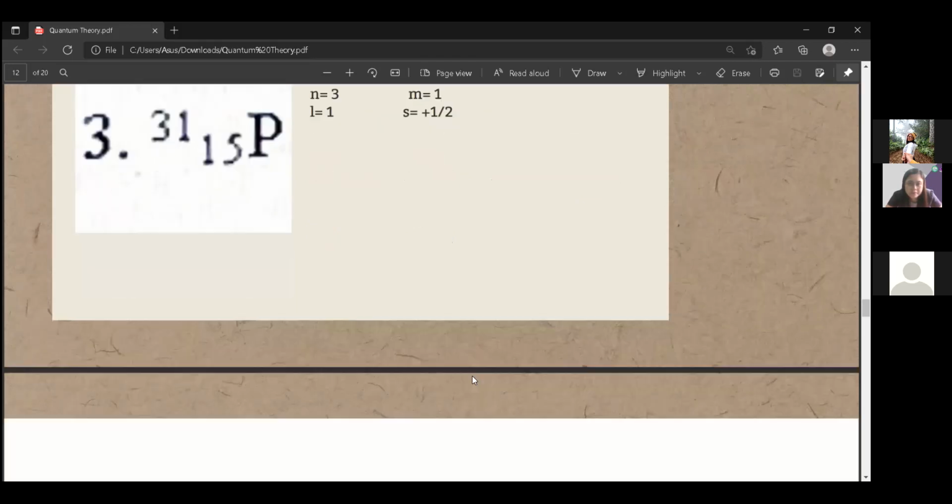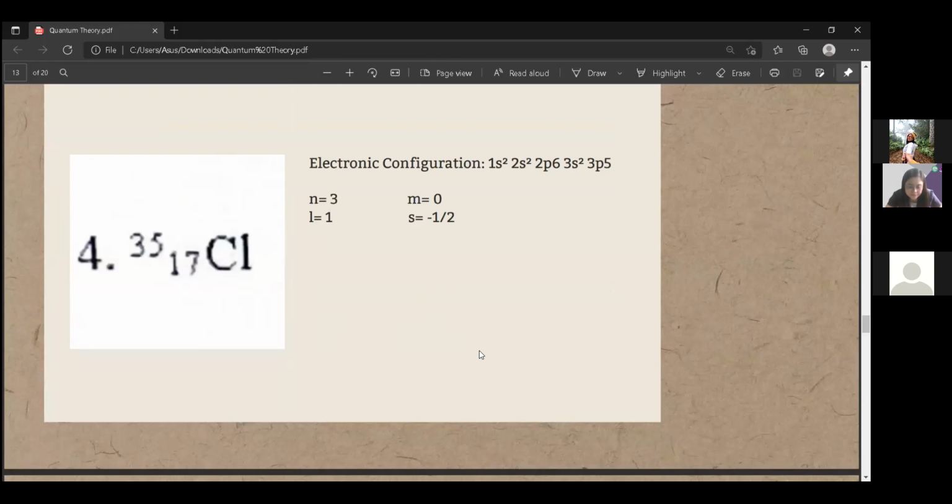So chlorine is an element with atomic number 17. When we write the configuration, we'll put all the 17 electrons in orbitals around the nucleus of the chlorine atom. In writing the electron configuration for chlorine, the first 2 electrons will go in the 1s orbital. Since 1s can only hold 2 electrons, the next 2 electrons for chlorine go in the 2s orbital. The next 6 electrons will go in the 2p orbital. The p orbital can only hold up to 6 electrons.